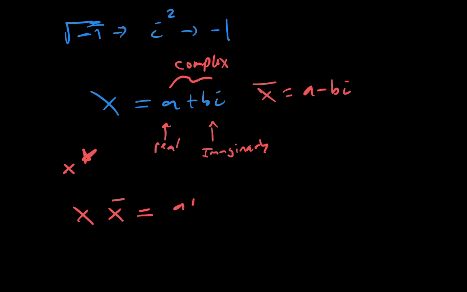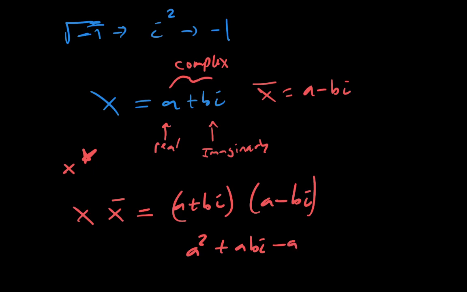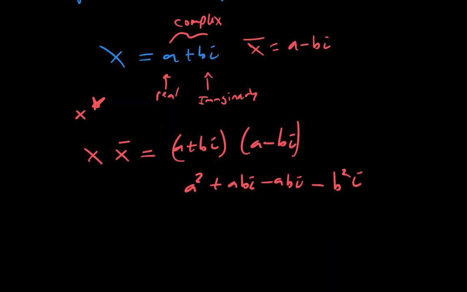Now if we multiply these together, a plus bi times a minus bi, we get a squared plus abi minus abi, minus b squared i squared. These terms cancel, and we have minus b squared times i squared, which is -1.